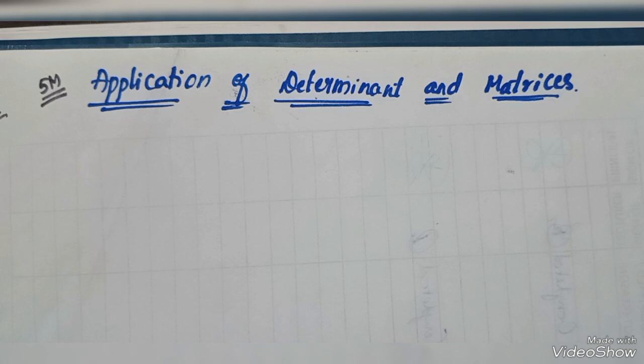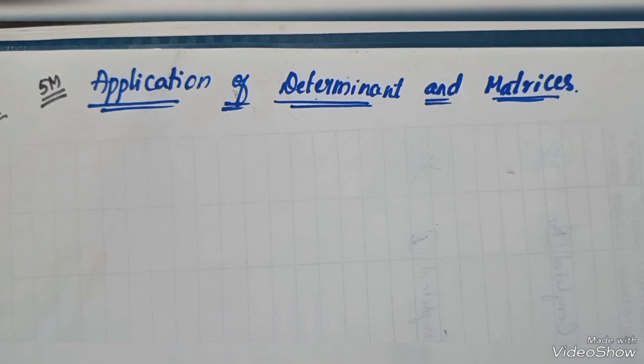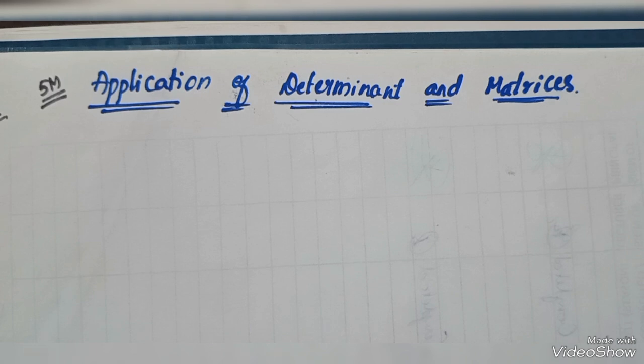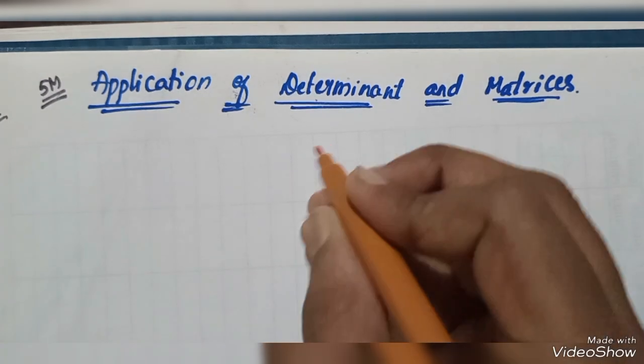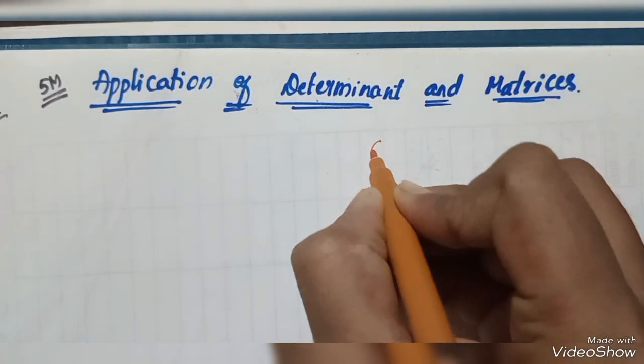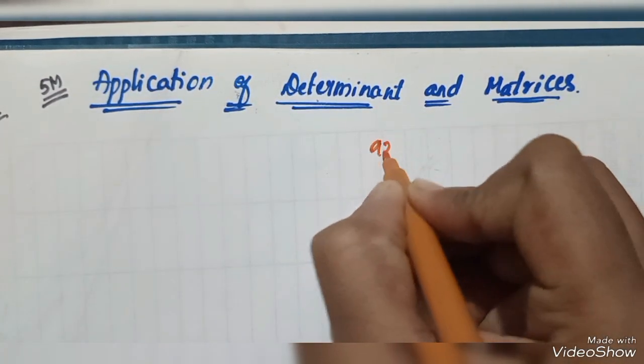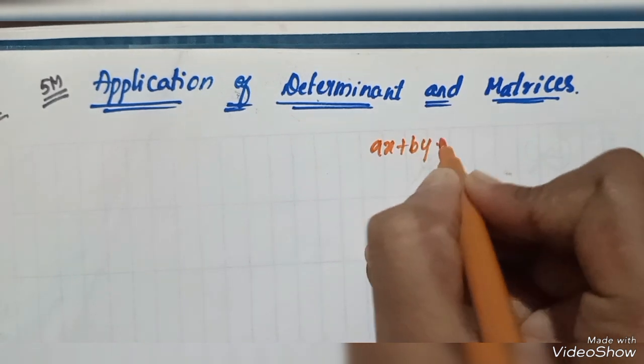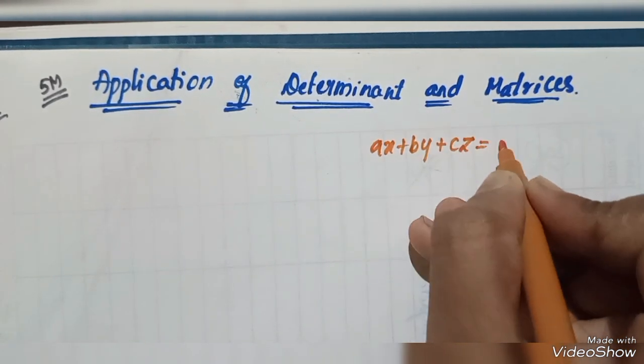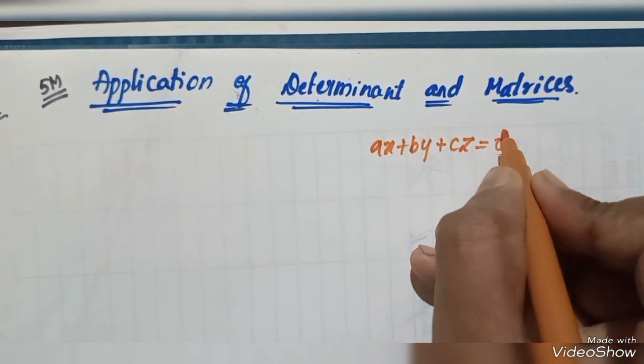Linear means the variable x has the power 1. In the system of equations, the variables have power 1. Here I am considering one equation, that is ax plus by plus cz equals 0.